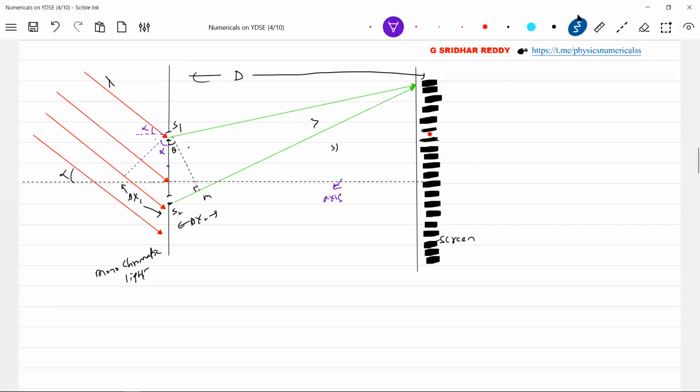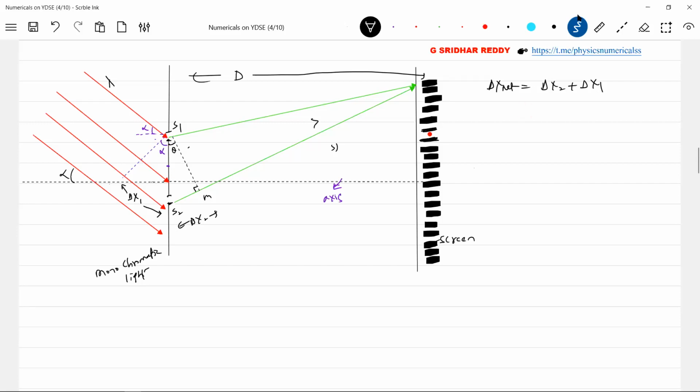Now the net path difference. O will cover more path before the slits, the ray passing through the slit S2. O will cover more path after the slits, again the ray 2. So therefore the resultant path difference, I'll add up. Earlier we took the difference. Now we are going to add up.